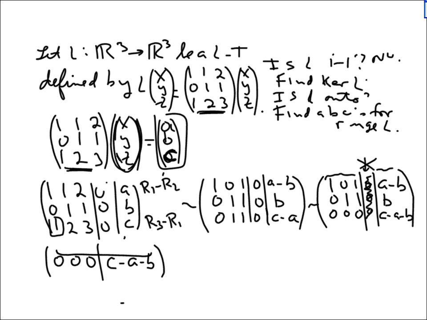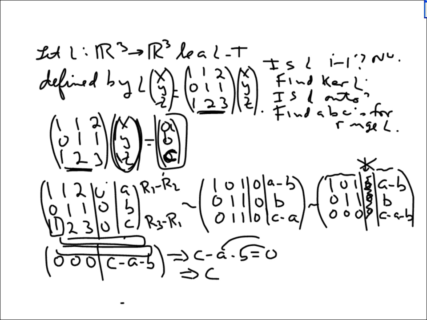I don't really care what the other two rows say. This tells me that c minus a minus b is 0. Bringing this over, it tells me that c must be a plus b. That is, I cannot just get any old a, b, c. I can get any a, I can get any b, but that last entry must be a plus b.